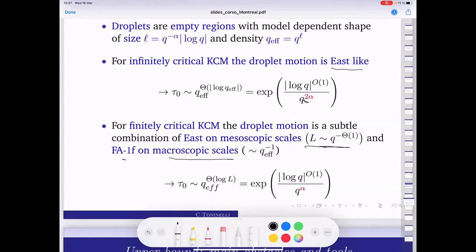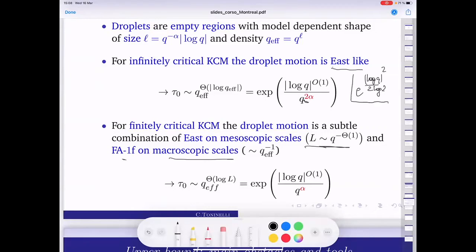Yes, no, it was not for this model. So actually, it was even for the East model in 1 dimension. They were losing a factor of 2, but even in the constant, that was a finer thing. So for the East model in one dimension, where the behavior is (log q)^2 divided by 2 log 2, it belongs to the class of the supercritical models that have a green semicircle.